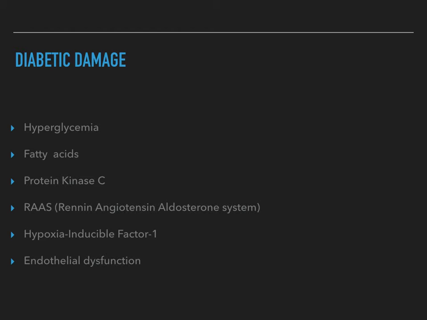RAS, which stands for the renin-angiotensin-aldosterone system. This system is activated by the stretching of the myocardial cells, with their stretch receptors. So the RAS would be activated because of the stretching.